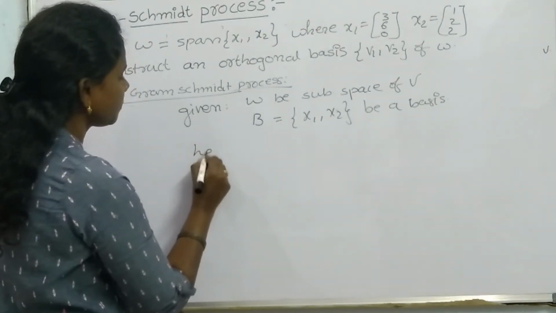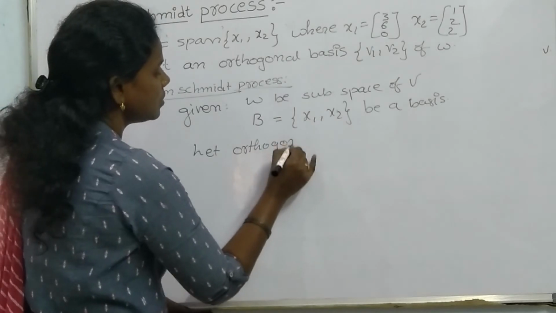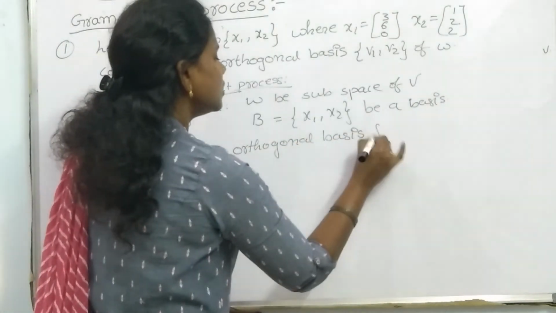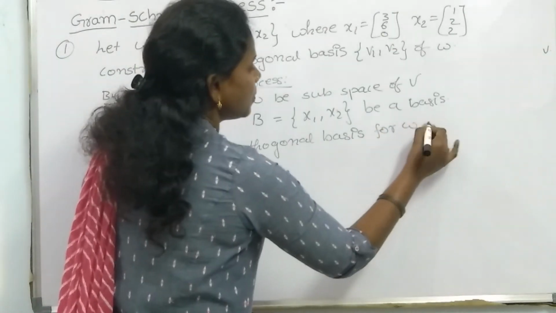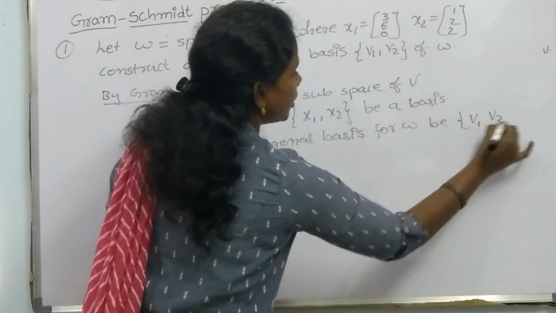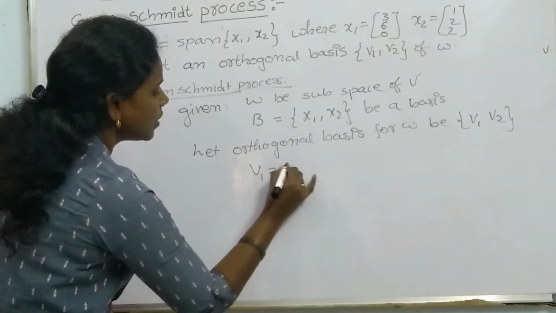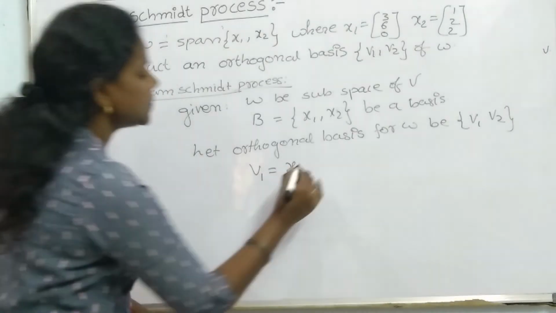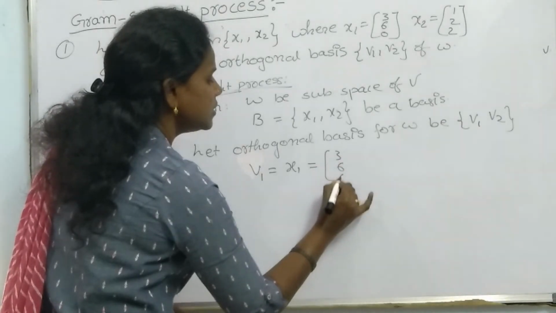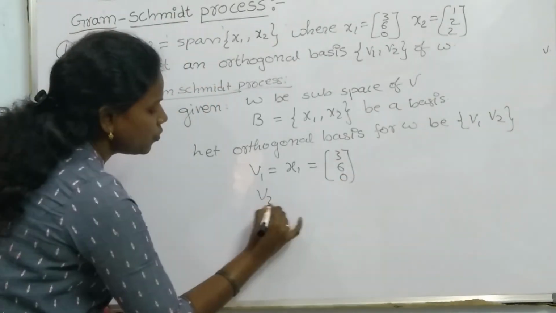So let the orthogonal basis for W be V1, V2. So what is V1? V1 is equal to x1. x1 is given as (3, 6, 0). Now what is the V2 formula?